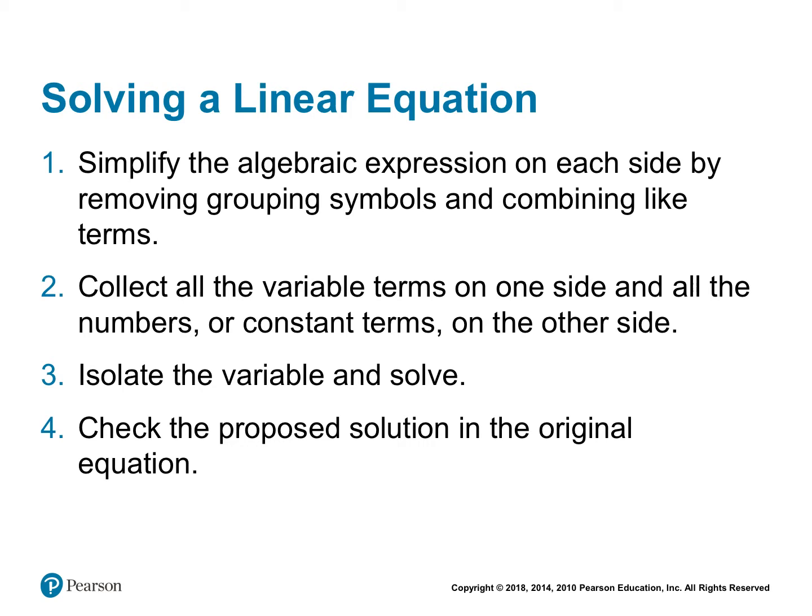So for example, you'd want to get every x to the left side and all your other numbers without letters onto the right side. And then you're going to isolate the variable. That just means get the letter by itself and solve it. And then you always want to check the solution in the original equation. So what I like about equations is you can always double check your work by plugging the number you found back into the equation.